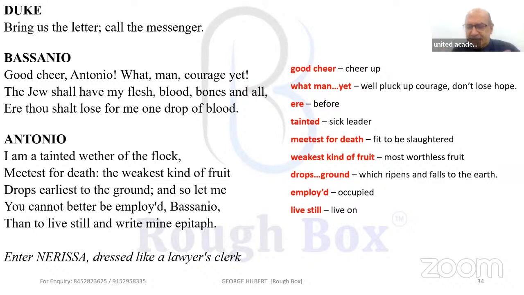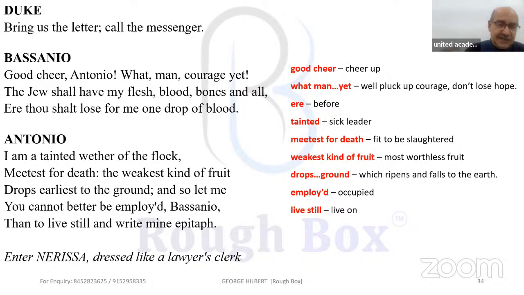When a person is buried, they have a tombstone, and on the tombstone, the name of the person, the year he was born, the year he died, and who all have survived after him. Some details about the person is given. So Antonio wants Bassanio to live and write his epitaph or the words on his tombstone.